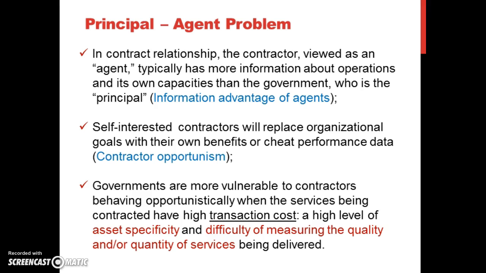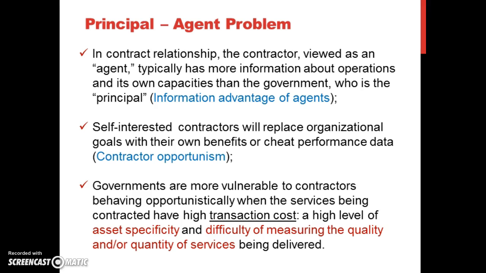Further, economic theory explains that contractor opportunism is more likely to happen when the services being contracted have high transaction cost. So in the next slides, we'll learn two service characteristics which lead to high transaction cost: asset specificity and service measurability.